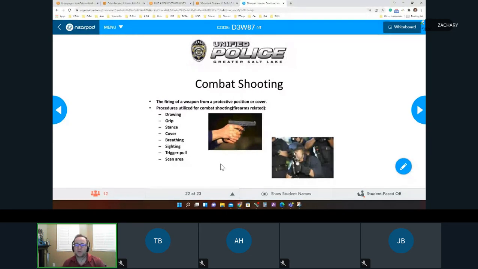They'll work on drawing, gripping, stance, covering, breathing, sliding, sighting, the trigger pull, and scanning the area to make everything safe. It is a very tough job, and there's a lot of training that goes into it. That's something you need to know if you want to take this on as a career path.